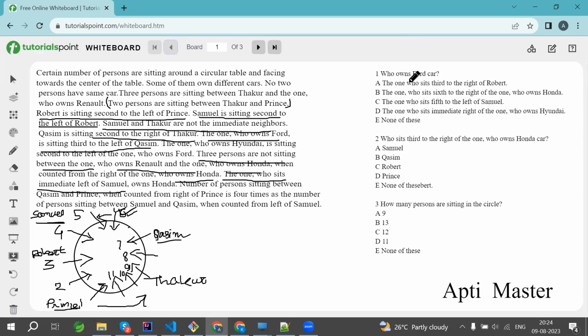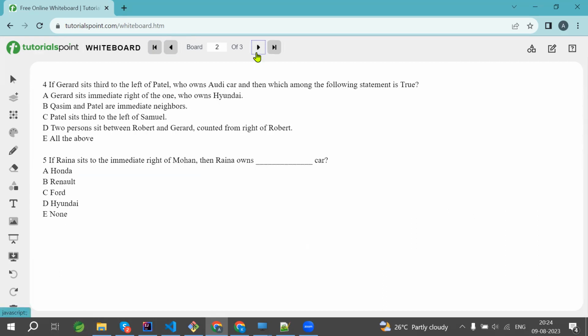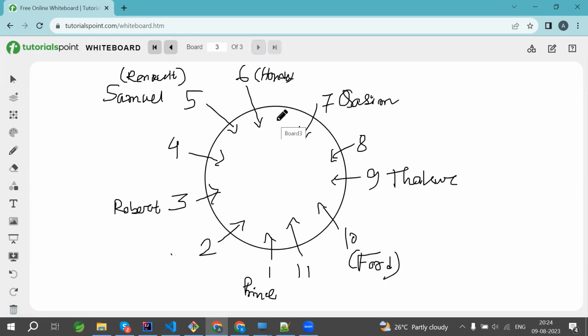Okay, first see the question: Who owns the Ford car? Okay, so I have drawn all the things. So the 10th person, right?